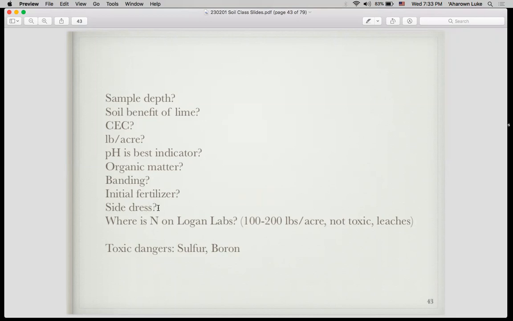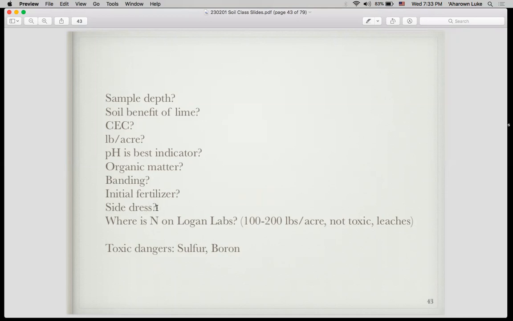There's a whole trick to side dressing. I think I overdid side dressing, and I use chicken manure, which is really hot. One year all my broccoli started bolting, and then because it was bolting, I had pest pressure because it was a vulnerable plant. Some of my interns will remember that year.